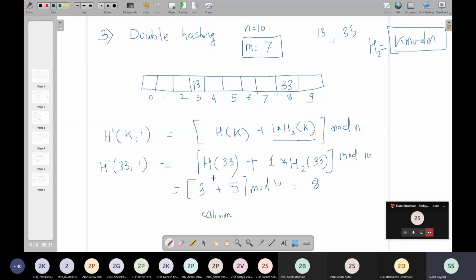For h you will do 33 mod 10. Is it clear, students? Double hashing technique. So if I take more key values also, you will be able to solve. I hope you have understood the philosophy now. So if some numericals are given to you as homework, you will be able to solve them.